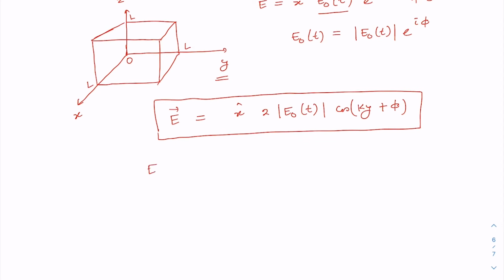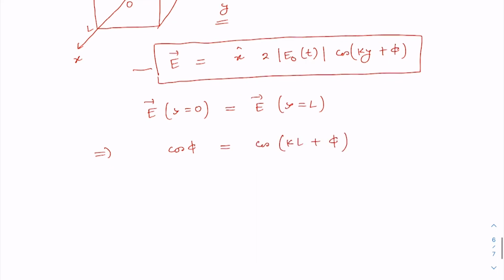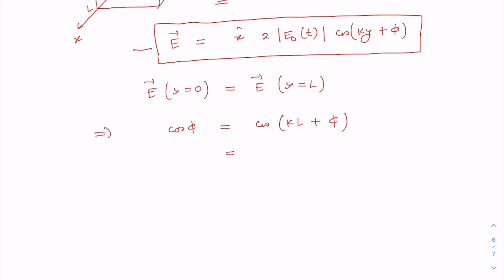What I mean to say is that the electric field at y equal to 0 should be equal to the electric field at y equal to L. So if I impose these boundary conditions, you can see from these equations immediately that this implies cos phi should be equal to cos(kL plus phi). If I open up the right hand side, I have cos kL cos phi minus sin kL sin phi.